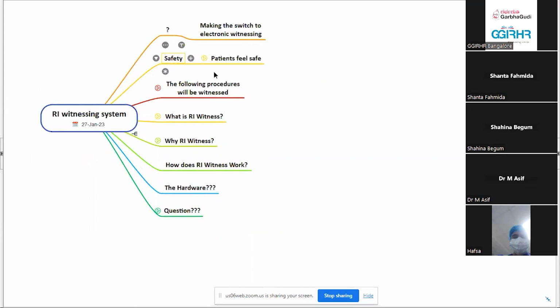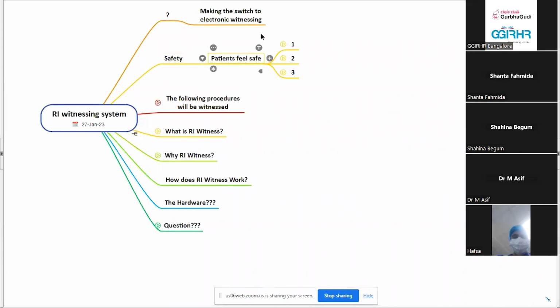Once RI witness is in the lab, an educated couple will have a lot of safety. The patient will feel very safe and assured that whatever embryos are transferred, they can have 100% faith that the embryos belong to that couple only. They can feel safe in three ways.